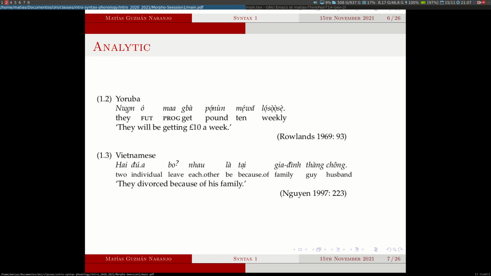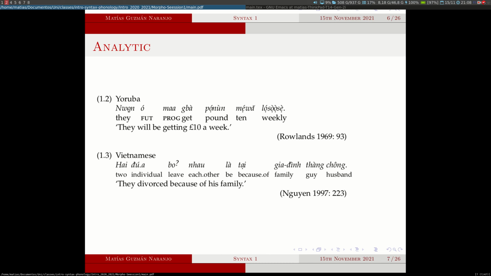We start with the sentence in the orthography, usually, or phonetic transcription or phonemic transcription of the language. Here is orthography, and under it we give what are called glosses, and glosses are literal translations of the words plus grammatical annotation.